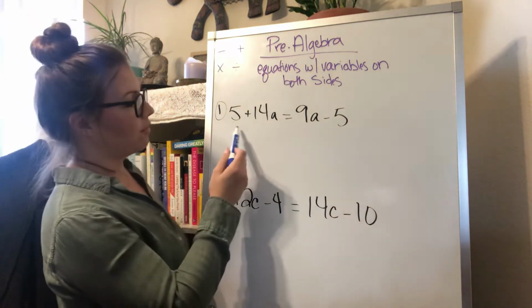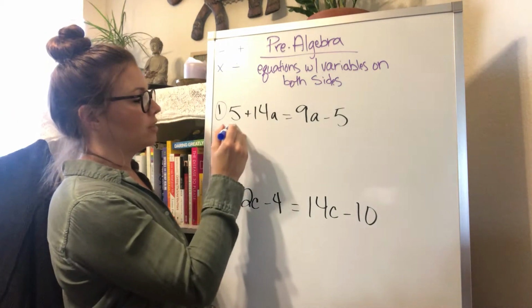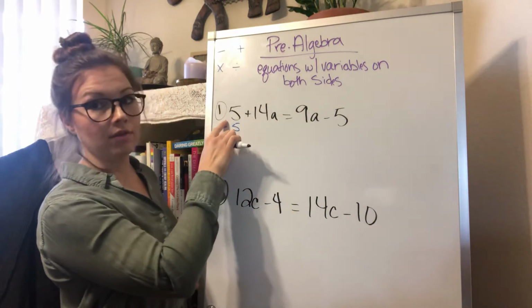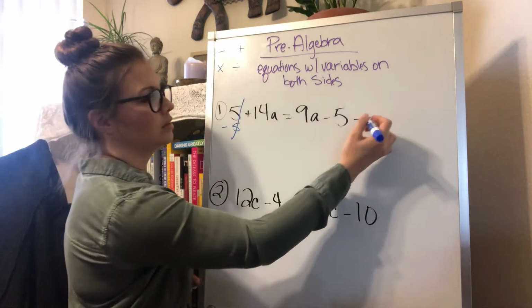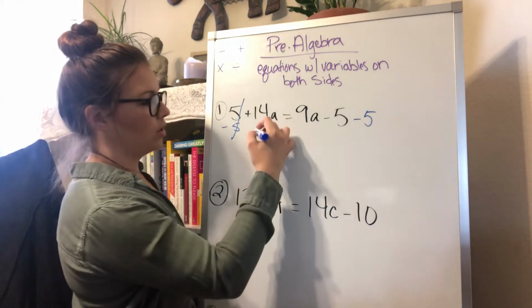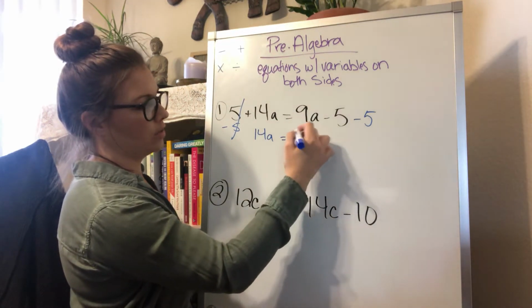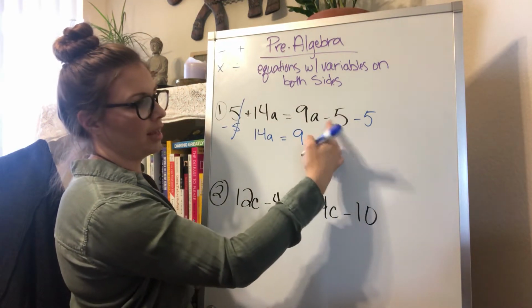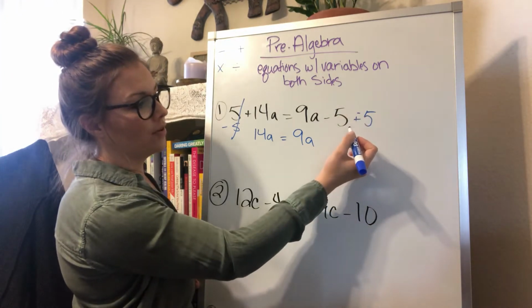So right now I have a 5 over here. This is my variable side, so I'm going to subtract 5 because you can see it's a positive 5. So to undo that, I subtract it. So that cancels over here, subtract 5 over here. Bring down the rest of my equation. 14a equals 9a, and then negative 5 minus 5 is actually plus negative 5.